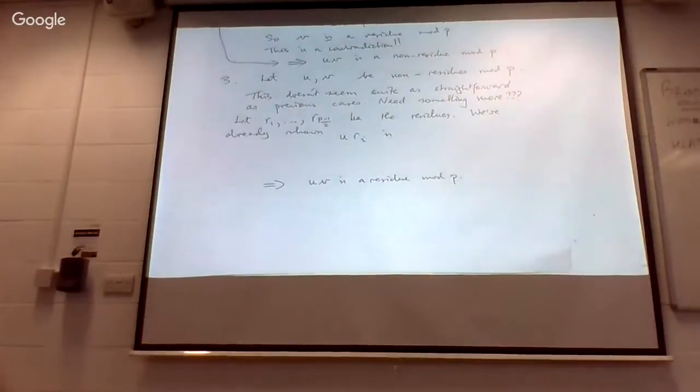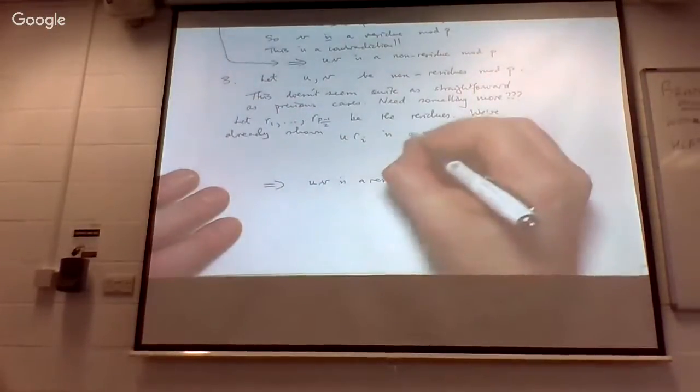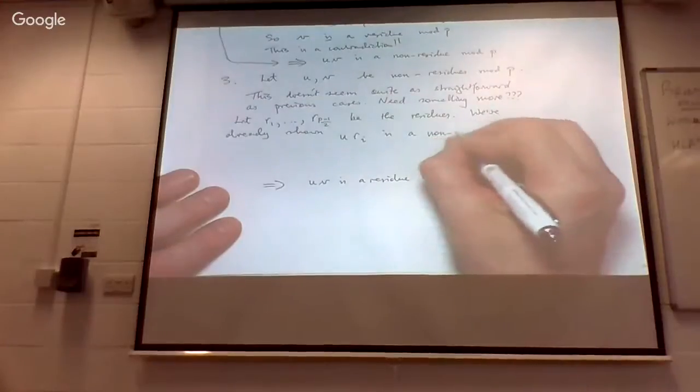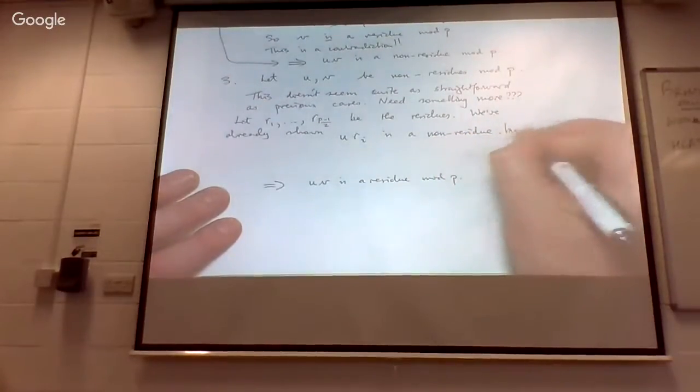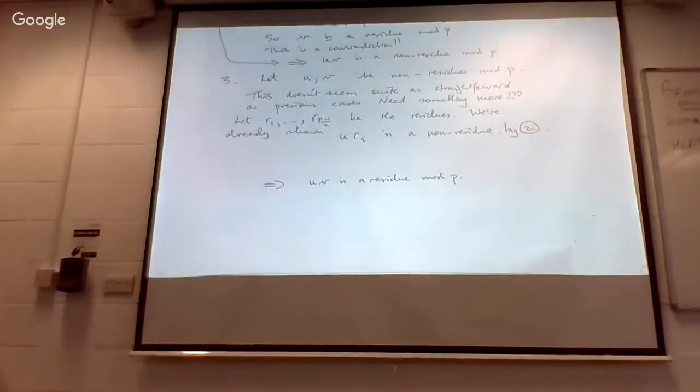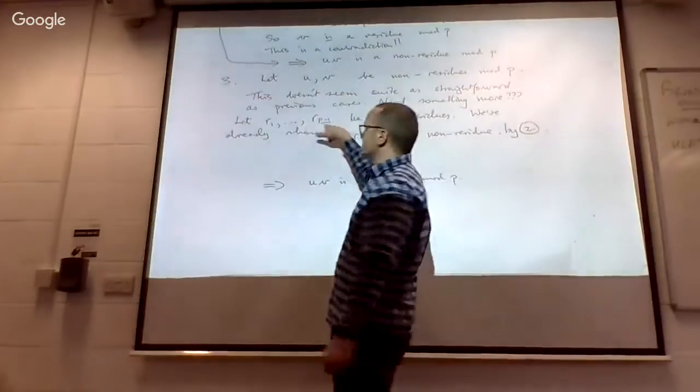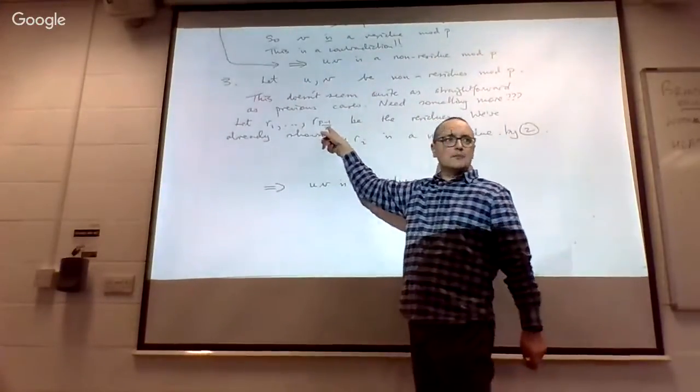We've already proved that this is a non-residue. That's by part 2. But the Ri's are all the residues, and there's (p-1)/2 of them.